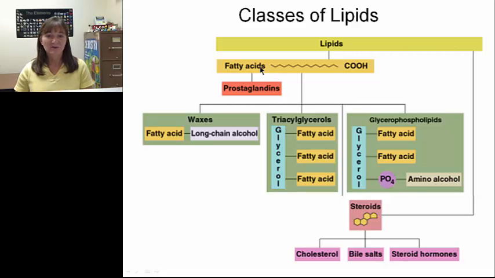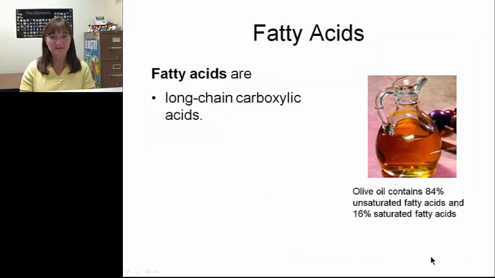The ones that have fatty acids include the prostaglandins, which we are not going to focus on in Chemistry 103, but we will look at these three in the green box. So you're going to need to be able to identify your waxes, triacylglycerols, and glycerophospholipids. Steroids then are going to be broken down into the cholesterol, bile salts, and steroid hormones.